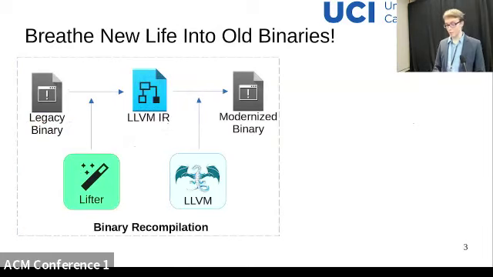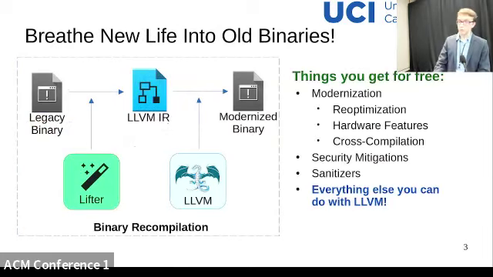This process is known as binary recompilation. Recompilers usually target LLVM for its well-defined intermediate representation and the extensive ecosystem surrounding it. This should allow us to reuse existing tools to modernize, harden, and sanitize our old programs without having to develop specialized tools that do the same things, but have to target binaries directly.